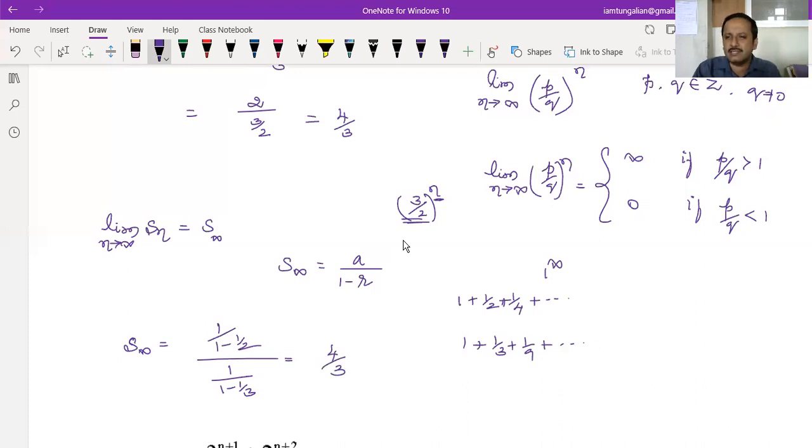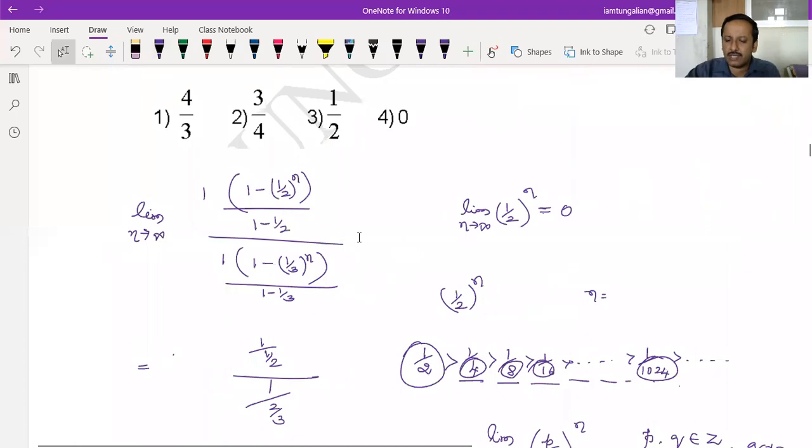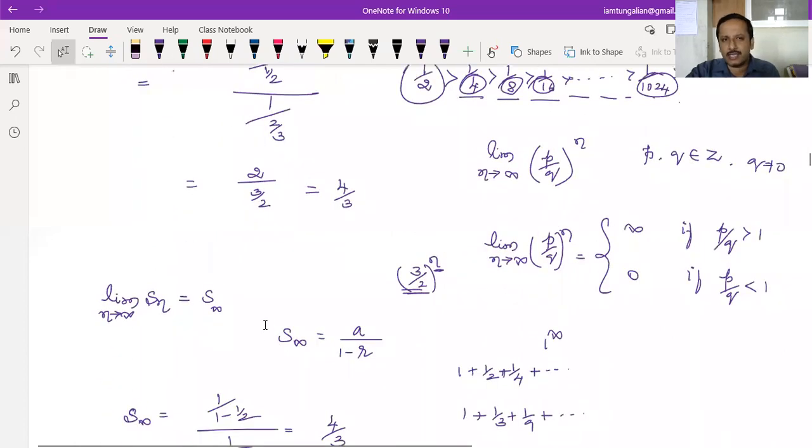In this way you will get the answer quickly. Both are one and the same only. Here what we did is we found the sum to n terms and then we took that n to infinity, whereas in this method, instead of finding the sum to n terms, we are going for the sum up to infinity.